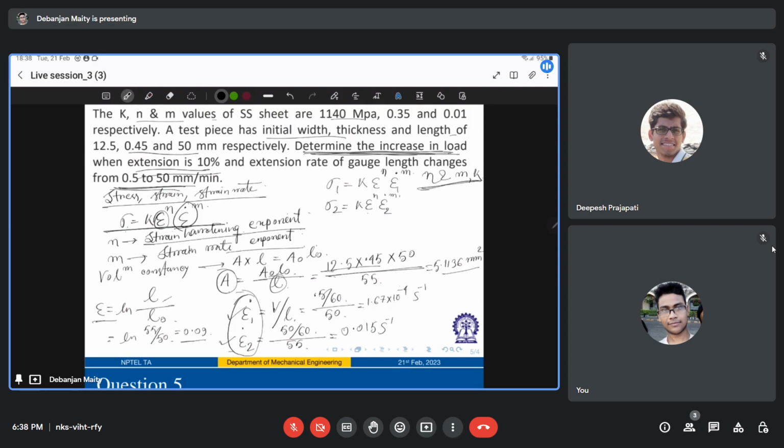How much is this coming in megapascal, so basically in terms of Newton per mm square.